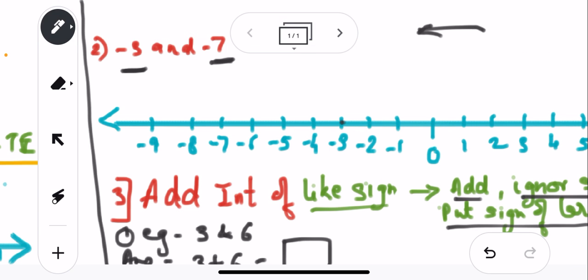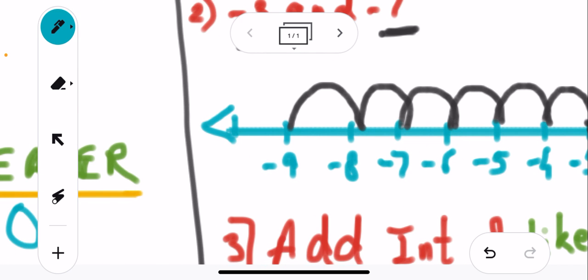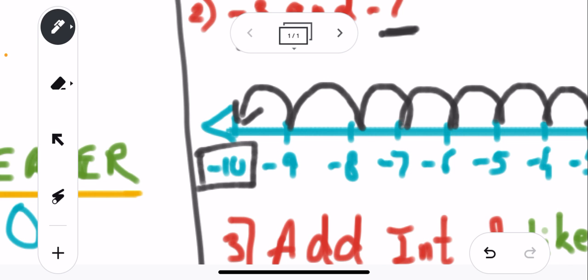I'll start from here and take 7 steps: 1, 2, 3, 4, 5, 6, and 7. So my answer here is minus 10.